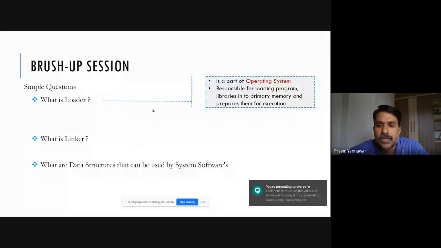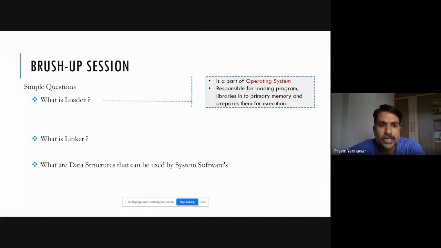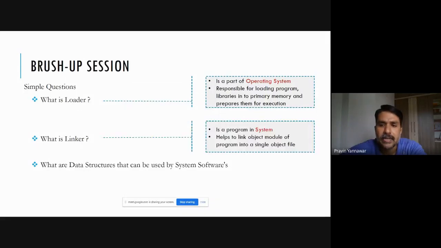Okay, without wasting time, let's see. I'm doing this as a brush up session, so I'm sharing this with you. So what is a loader? A loader is a part of the operating system and is responsible for loading the libraries into primary memory and preparing them for execution. For example, in C and C++, what you write as hash include something, right? The libraries have to be linked, and who is going to link them?